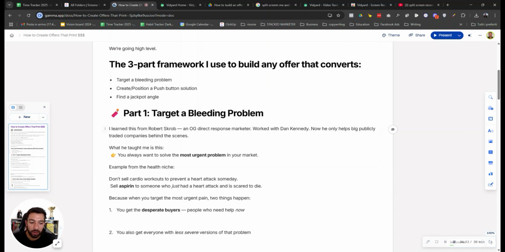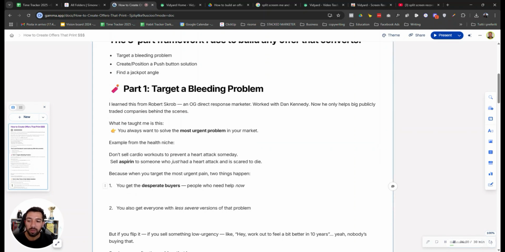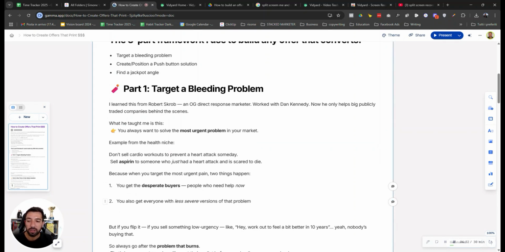It's so obvious, because people who buy cardio aspirin are those who are very close to having a heart attack. So they want something and they want it now. They're scared they're going to die, and they're going to give you all the money. They're more desperate than someone who is doing cardio for prevention, you know.